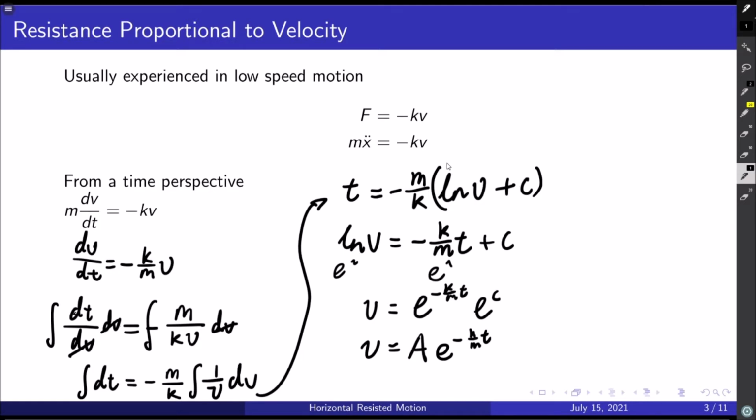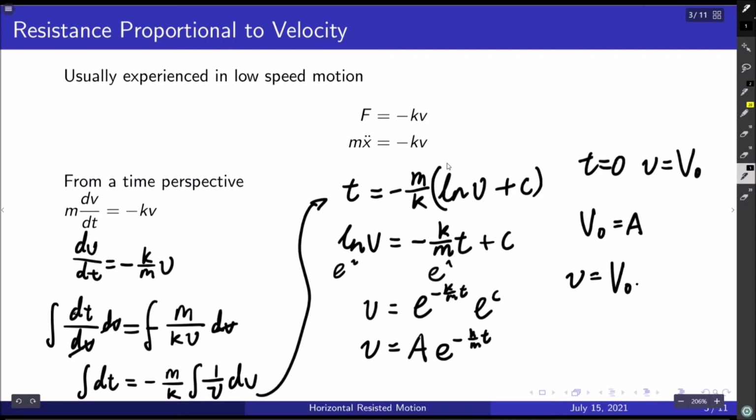With all exponential functions, a must be the initial value. When t equals 0, let's say the initial v is v0. Then we can just substitute in: v0 equals a, because the exponent becomes 0. So v equals the initial velocity times e to the minus k over m times t.